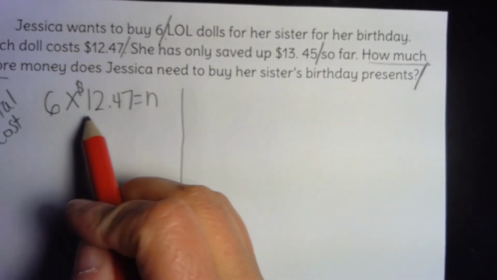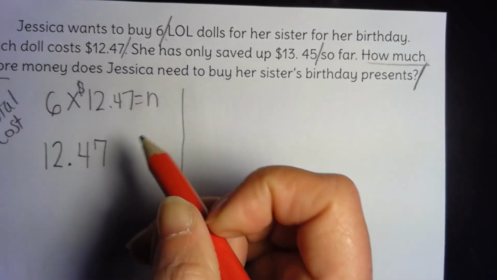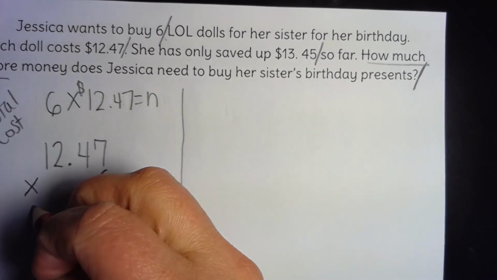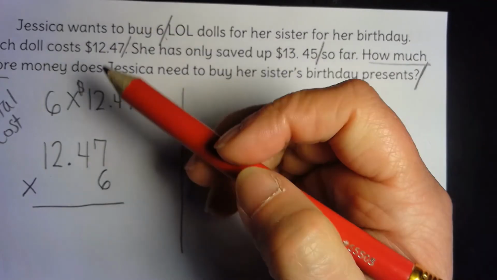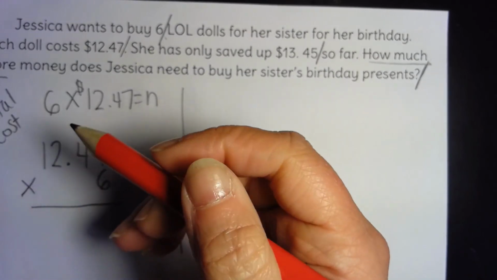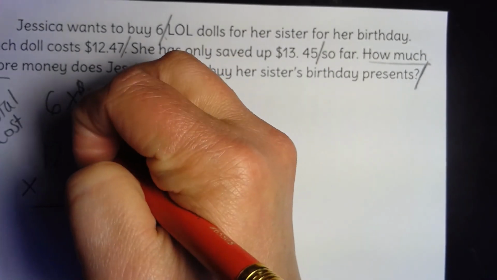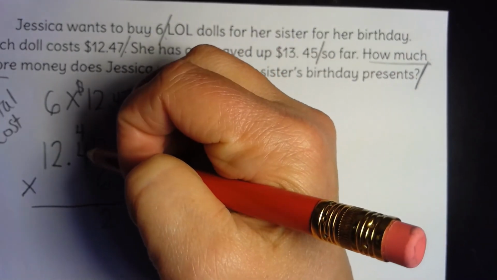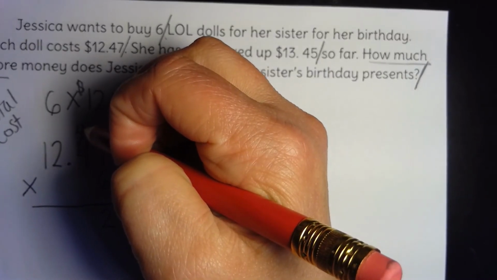So here's our equation, and what we do is we put the $12.47 on top, and we're just doing our algorithm for multiplication here. So we do 6 times 7 is 42. I can't put a 2-digit in a 1-digit spot, so I put down the 2 and I carry the 4 tens. Then I do 6 times 4 is 24, plus the 4 I carried over is 28.